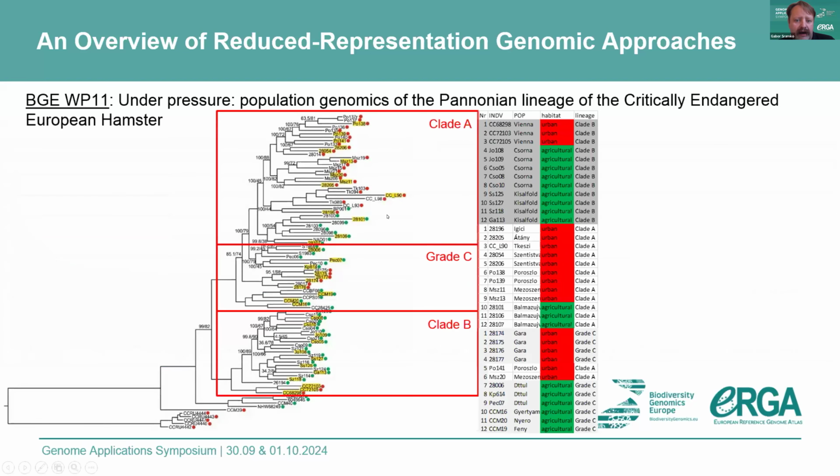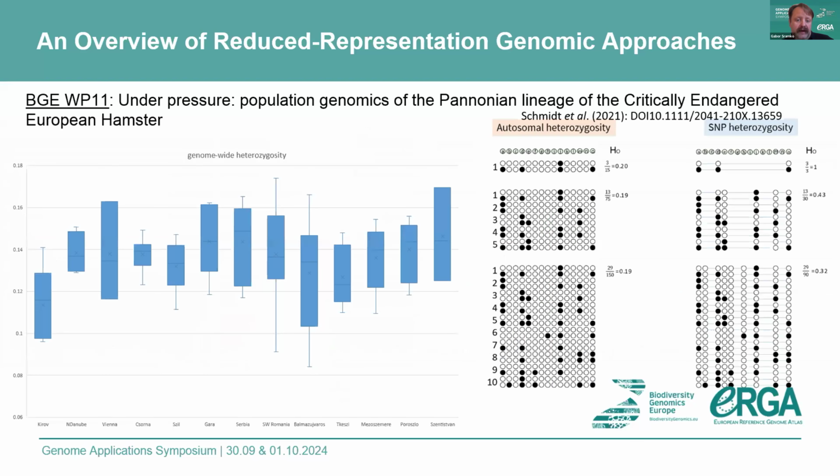So the yellow highlighted individuals will be sent for resequencing. And of course, 18 individuals will be from the agricultural environment, 18 individuals will be from urban environment, and the 3 main genetic groups will also be represented. So that was the main goal here.